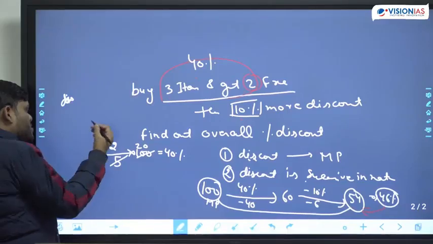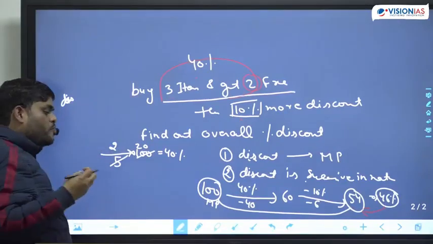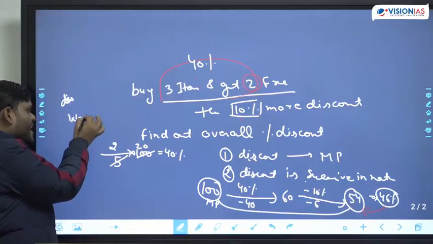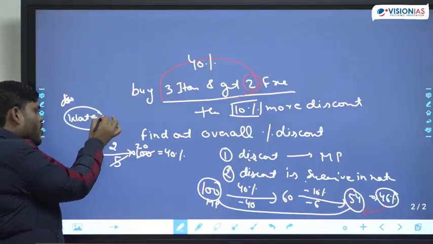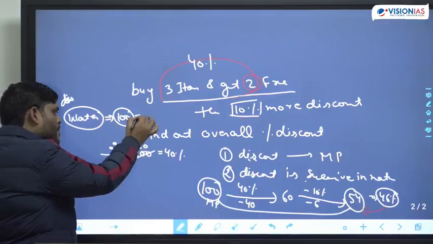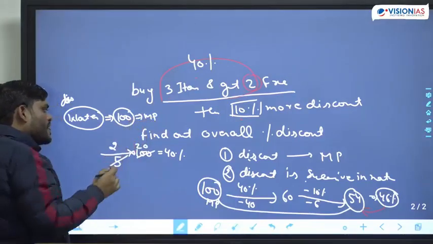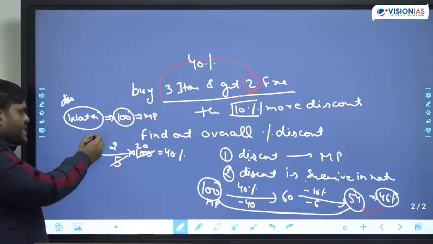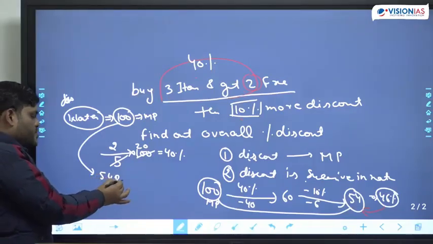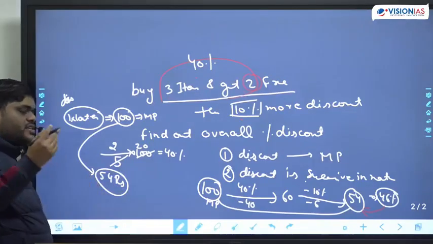Suppose you went to a shop to buy a water bottle. The cost written on the water bottle is 100 rupees. That is the mark price. The shopkeeper offered you some discount and is taking 54 rupees from you. Now tell me, what is the discount?